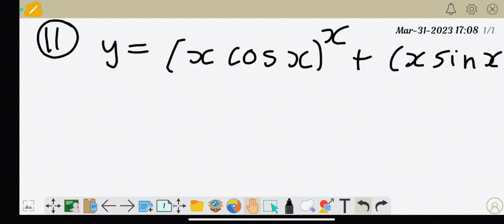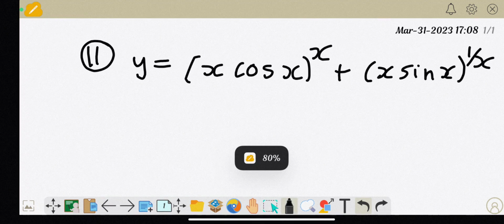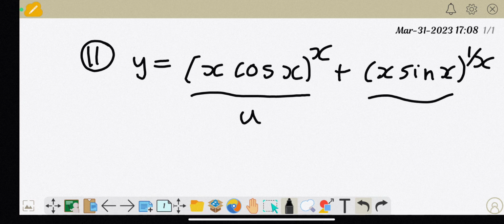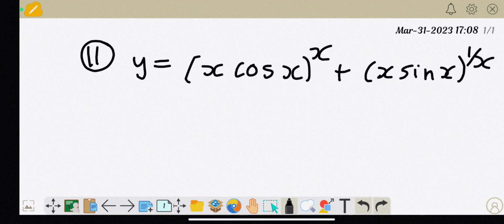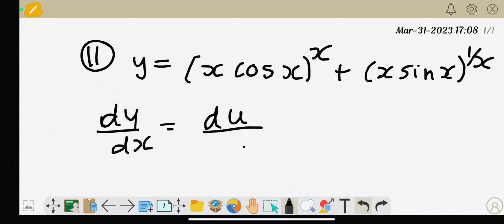Yeah. So now this also you have to solve with this method itself, u plus v. Okay. So now what we have to do? First, dy by dx is equal to du by dx plus dv by dx.